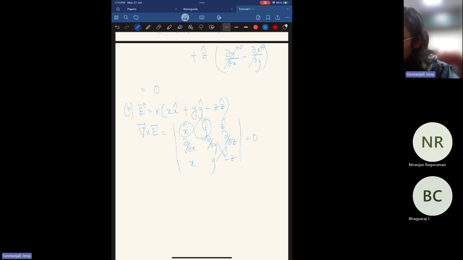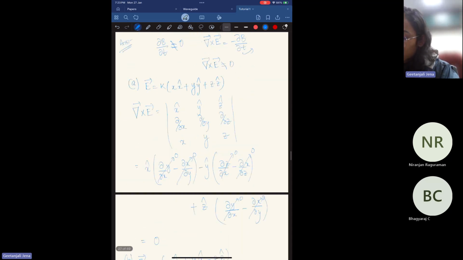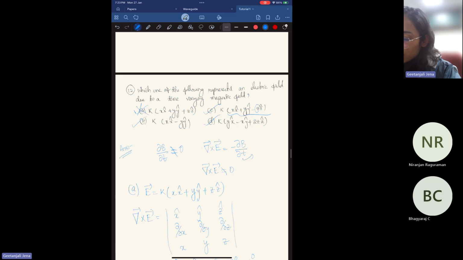For y cap, dou z by dou x is 0 and dou x by dou z is also 0. Similarly for z cap, it is also 0. That means it is also an electrostatic field. So this is not the case.